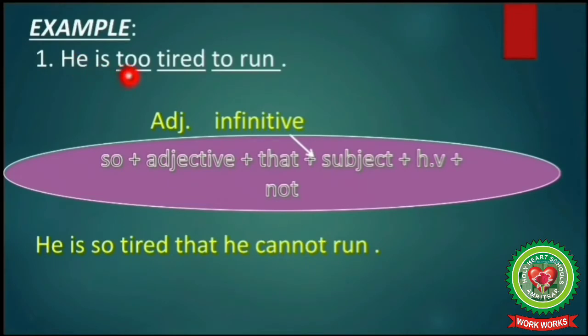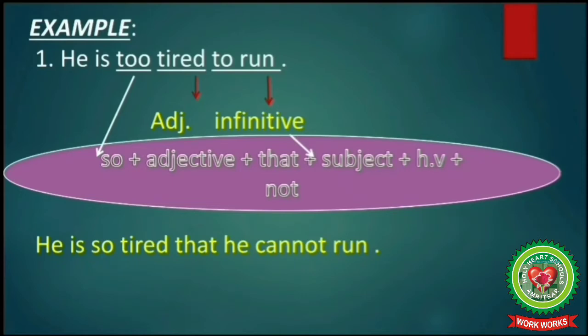He is too tired to run. Now here students, in this example, in too tired, tired is an adjective and to run is an infinitive. So we will replace too with so followed by adjective. Then we will replace infinitive with that plus subject plus helping verb plus not.